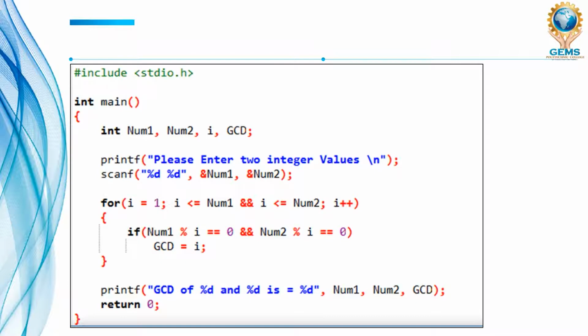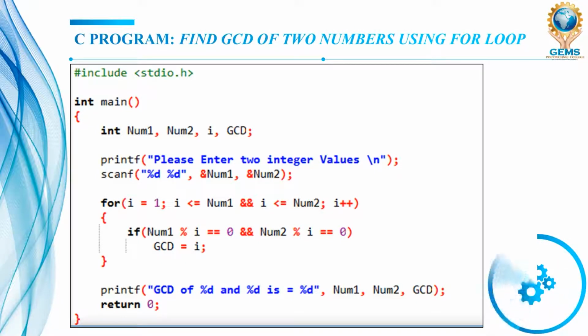Now this is our source code. This is our program. Dear students, I will make it very simple to understand how our program works to find the greatest common divisor of any two numbers.